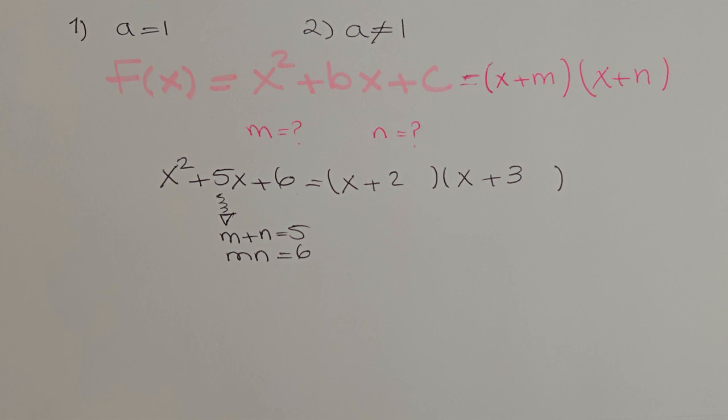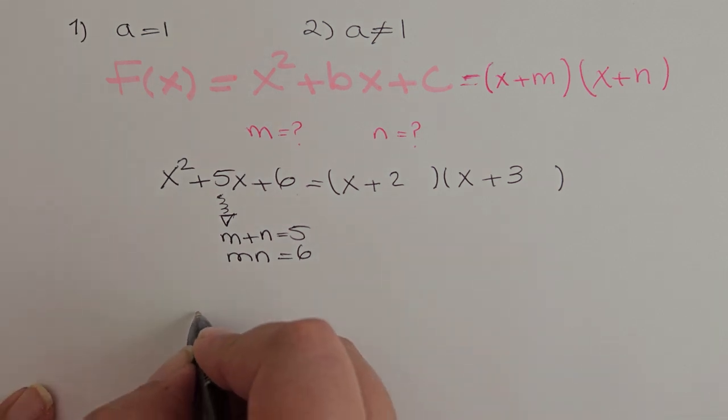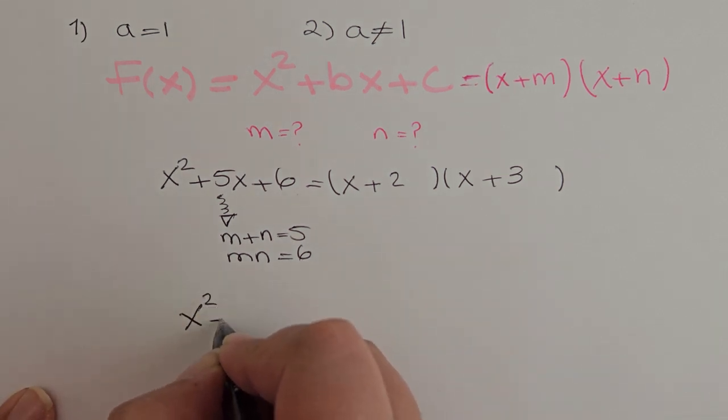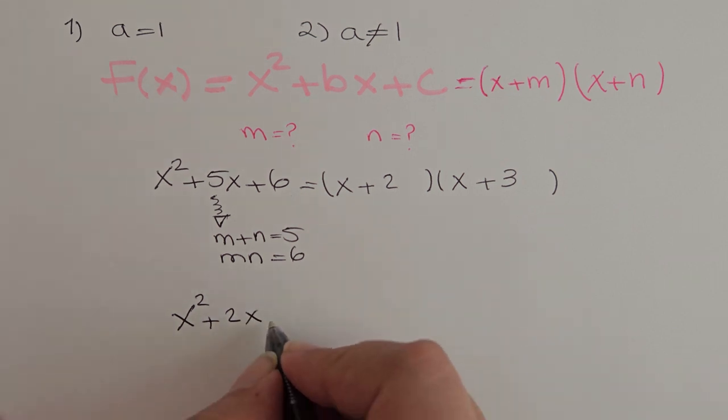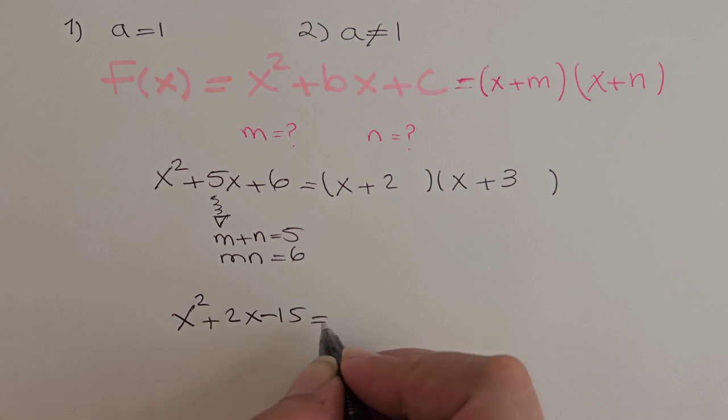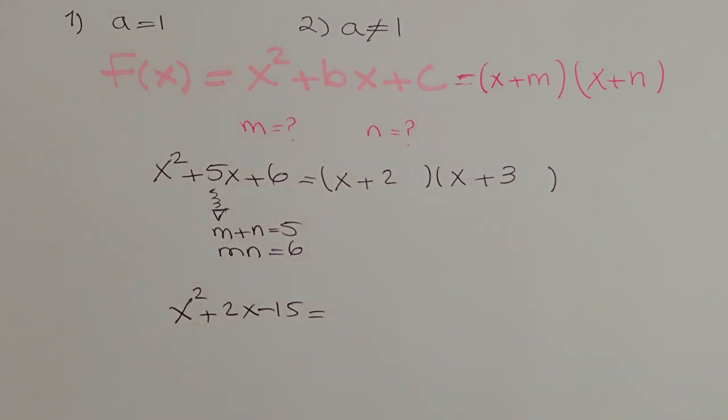The next example is x squared plus 2x minus 15. Here again, we have a quadratic trinomial. That means the biggest exponent is 2 and it consists of 3 terms. We want to factorize it into 2 linear expressions.